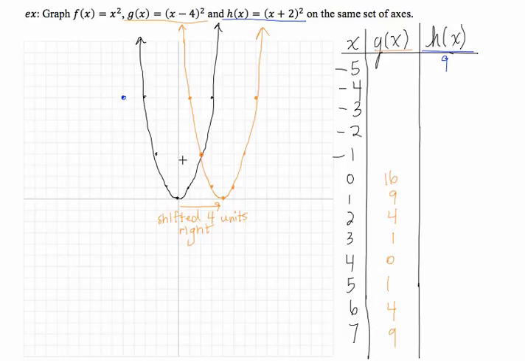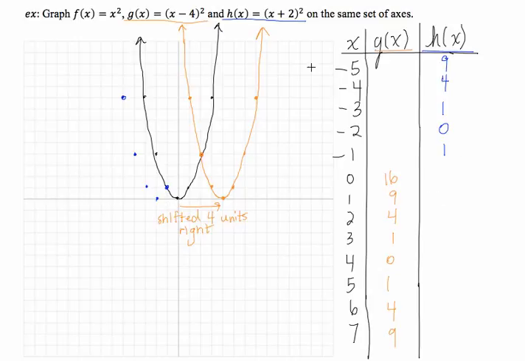There's -5 comma 9. -4 plus 2 is -2. -2 squared is 4, so we have -4 comma 4. -3 plus 2 is -1, squared is 1. -2 plus 2 is 0, 0 squared is 0. -1 plus 2 is 1, 1 squared is 1.